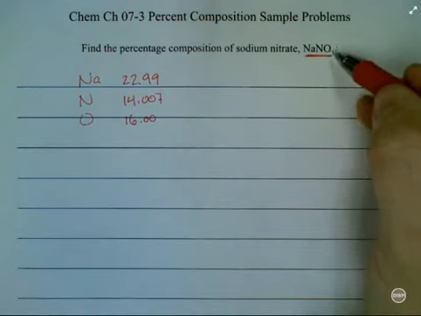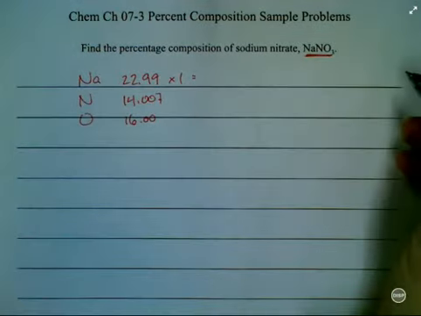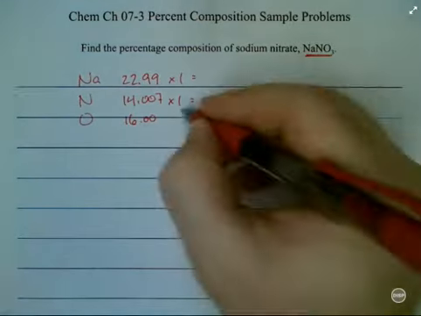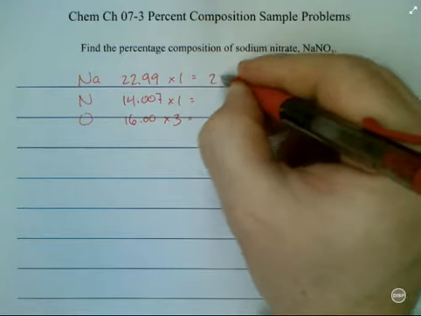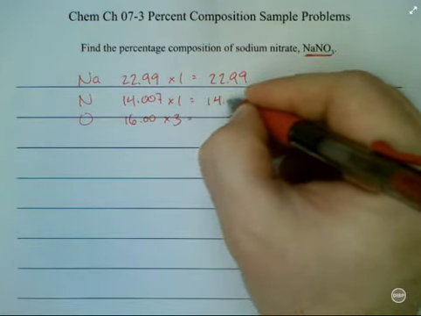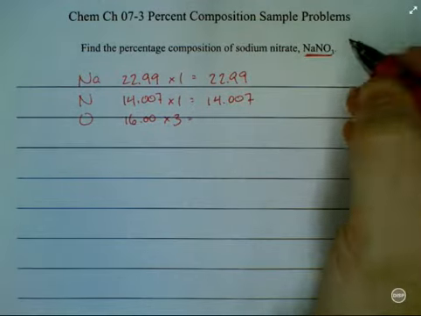Next, for 1 mole of this substance, take into account how many moles of each individual element are present. There is 1 mole of sodium, there is 1 mole of nitrogen, and there are 3 moles of oxygen. This math works out to be pretty easy. I'm going to calculate how much mass is due to each individual element here.